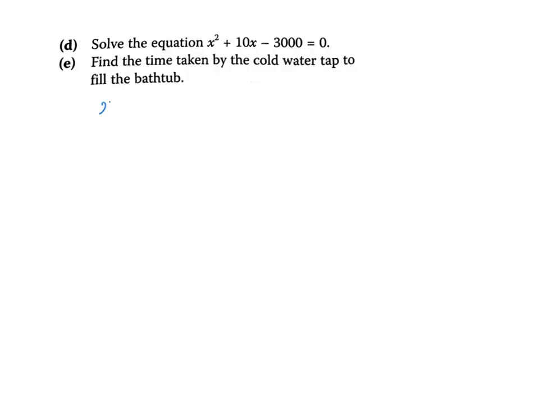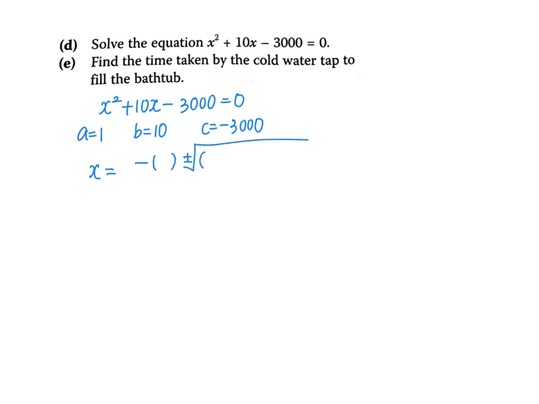Last part of the question, solve the equation. So x squared plus 10x minus 3000 equals to 0. We can use the quadratic formula. A equals to 1, B equals to 10, and C equals to negative 3000. So x equals to minus B plus minus square root of B squared minus 4AC over 2A.